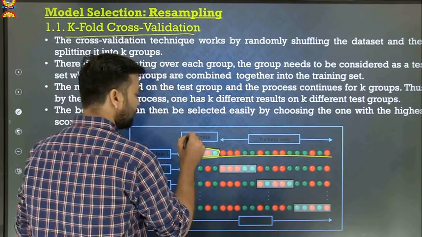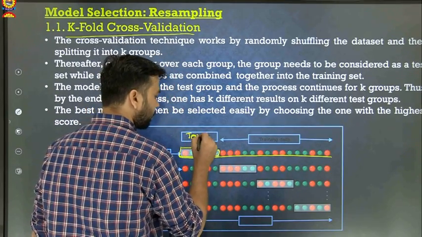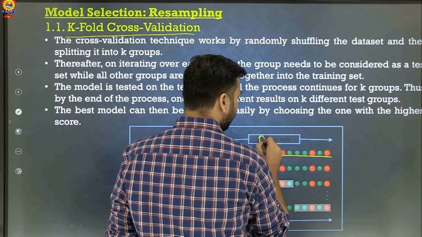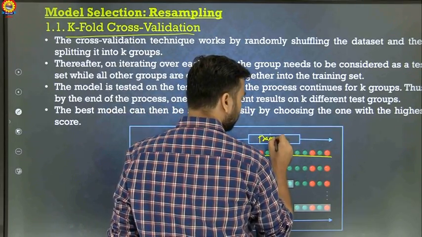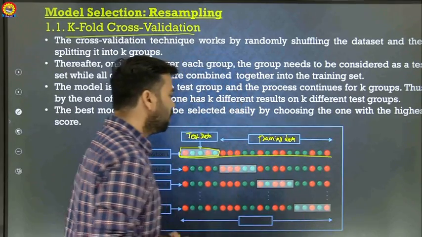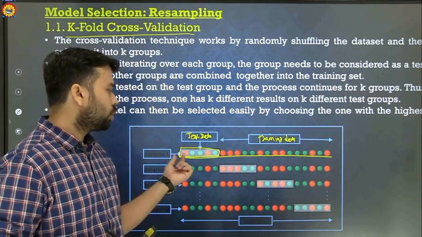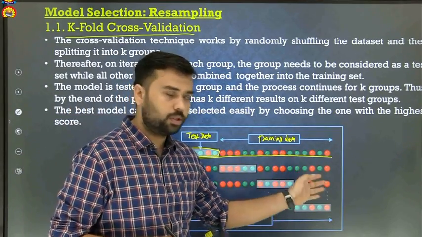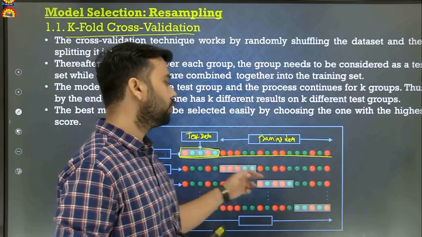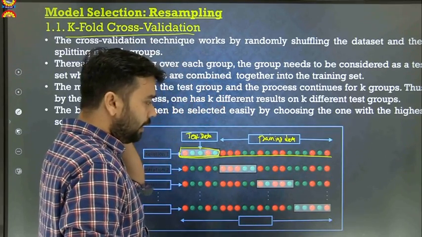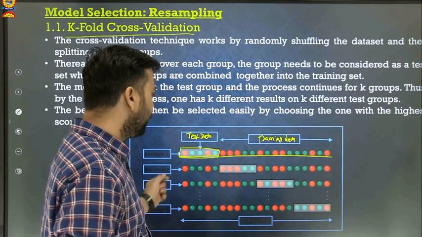This part is the test data, and this part is the training data. First of all, we define some k folds. For example, we have 1, 2, 3, 4 folds. We simply define it like that, and in each fold we divide the data.